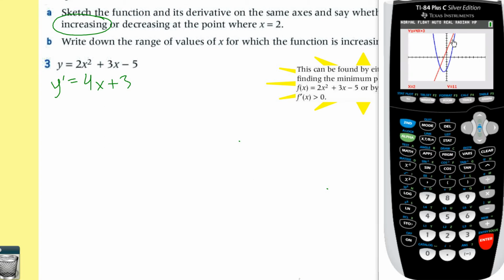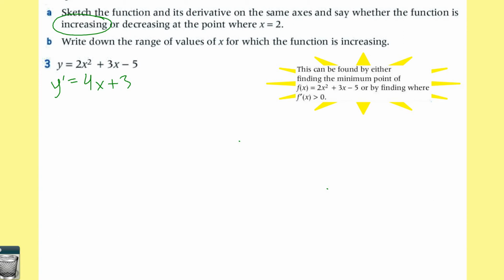Here on the red line is the derivative. We want the derivative to be bigger than 0, so we want it bigger than where it hits the x-axis. So we can trace and find things. Second trace, we can find the minimum if we want to use the blue function, or we can find the intersection if we want to find where the derivative intersects the x-axis. Either way you can find it that way.